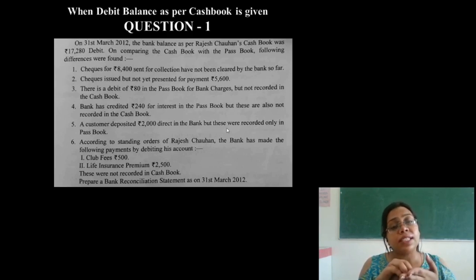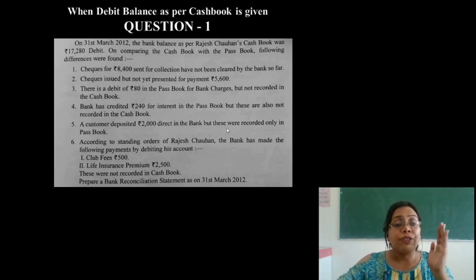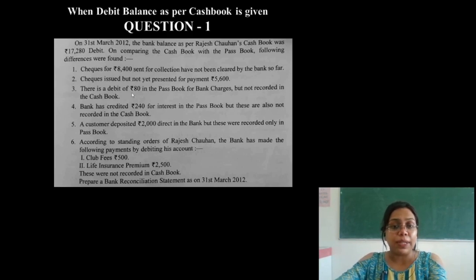So when I see in my passbook that the bank has deducted this rupees 80, I can now deduct this rupees 80 from my cash book as well. So in BRS we will deduct this rupees 80 from the cash book.